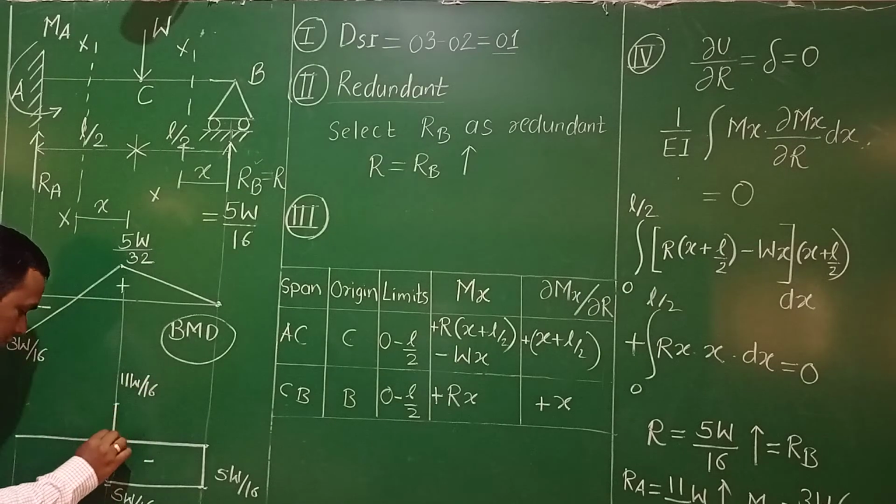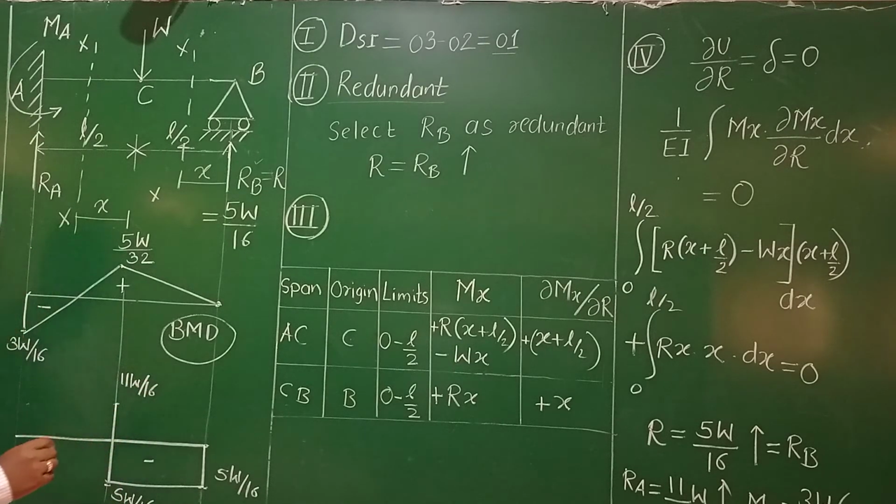Therefore we can join these 2 points, and afterwards it remains the same when you move towards point A, 11W divided by 16. Now we have to join these 2 points again by a parallel line.